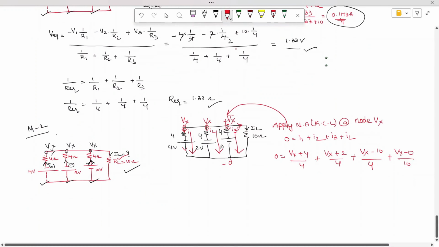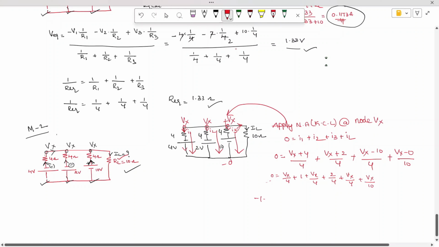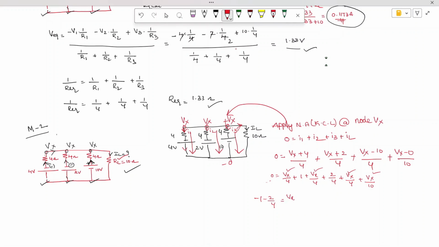Just use your calculator, segregate these terms. So 0 is equal to Vx by 4 plus 1 plus Vx by 4 plus 2 by 4 plus Vx by 4 plus Vx by 10. When you move this term, minus 1 minus 2 by 4 is equal to, take Vx as a common term, then you are going to get 1 by 4 plus 1 by 4 plus 1 by 4 plus 1 by 10.